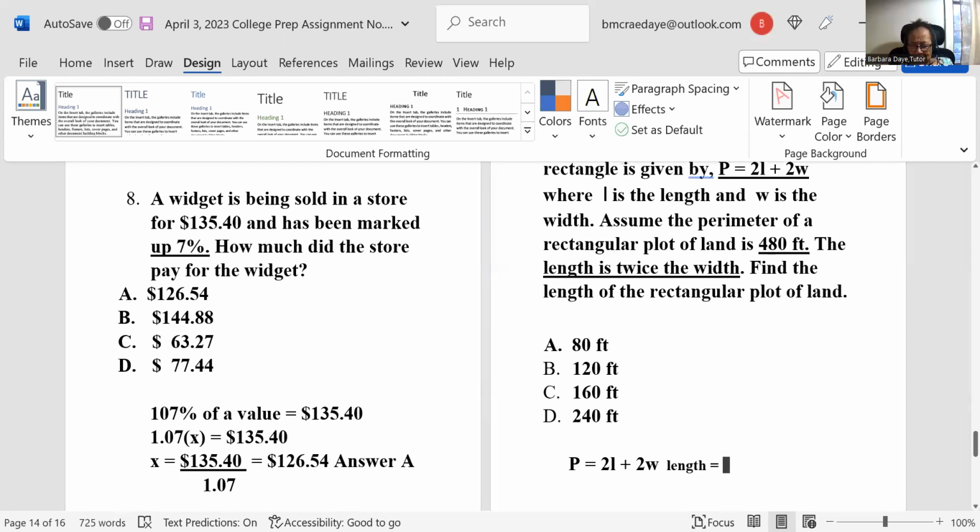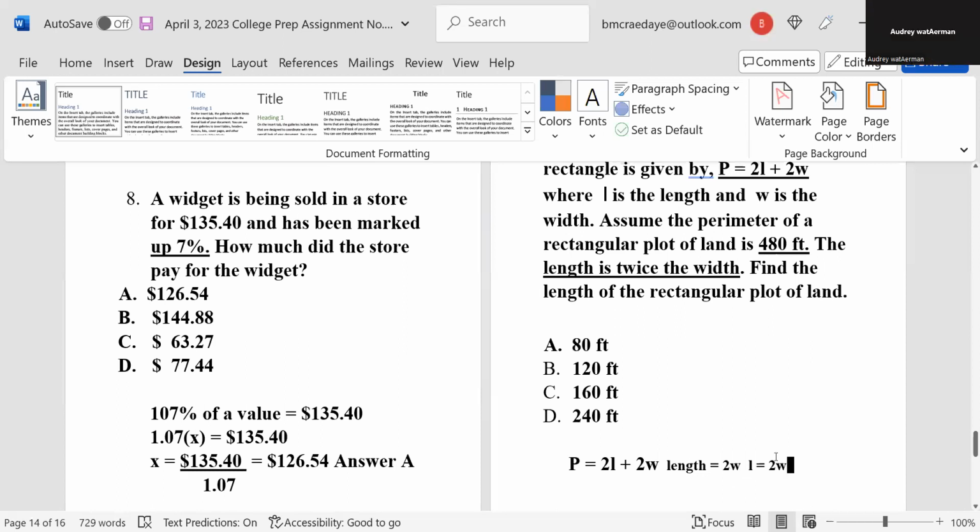Length is twice the width, so length is 2W. L equals 2W. Twice the means multiplication, multiply by 2, right?